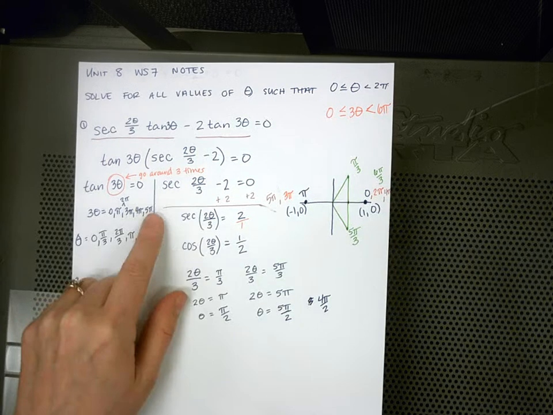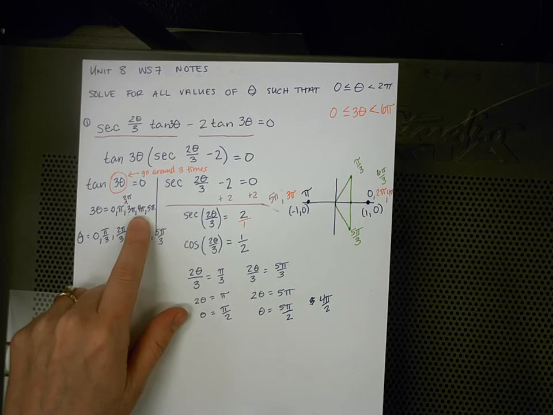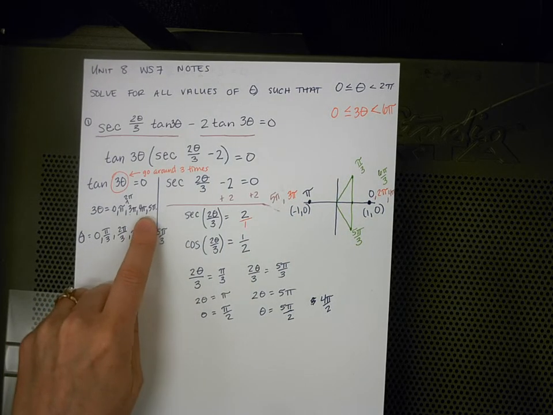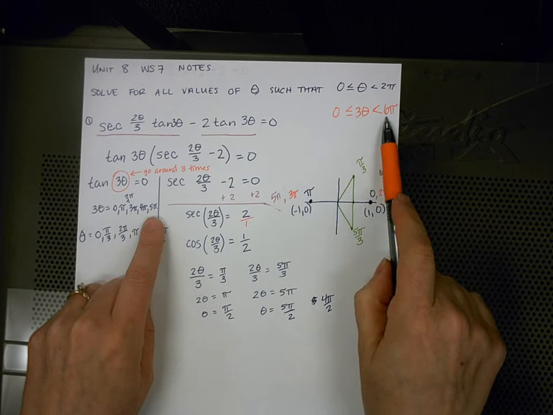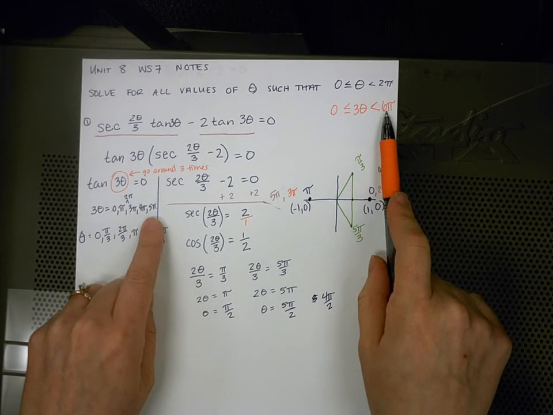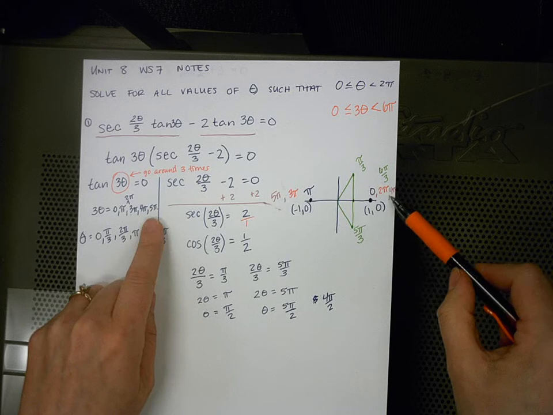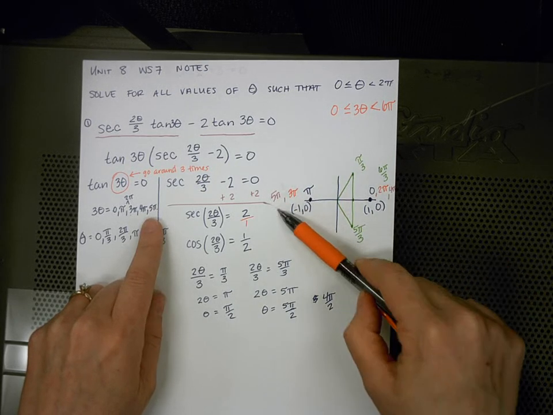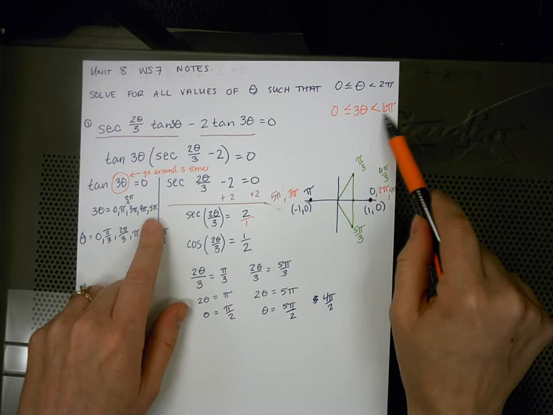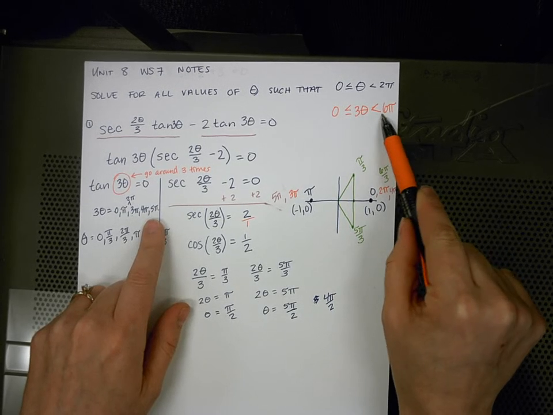You'll notice that the values that I got for my 3 theta when I was solving before, I didn't have any values that were more than 6 pi, which is right here. You'll notice I went 0 pi, 2 pi, 3 pi, 4 pi, 5 pi. If I were to keep going, I would get to 6 pi, but 6 pi cannot be one of my answers because I don't have an equal to under this less than sign.